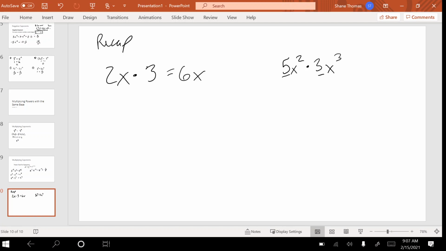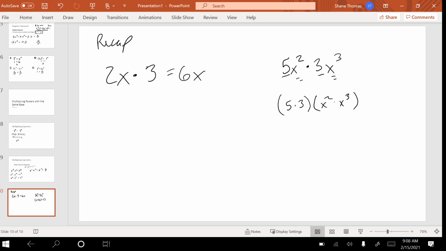Treat these as like terms in a way. I'm going to have 5 times 3 times x squared times x to the 3rd. Everything's multiplication, right? Multiplication, I can rewrite it however I want. So I have 5 times x squared times 3 times x to the 3rd.